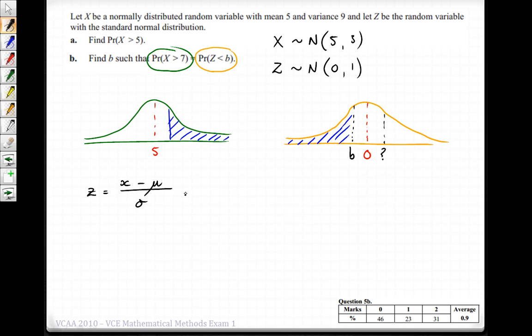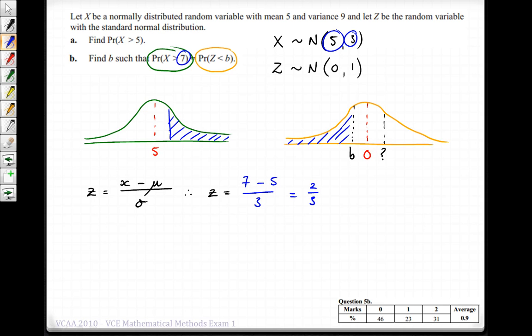So Z equals, the X value is 7, minus the mean, which is 5, which comes from the mean of our X random variable, divided by the standard deviation of 3, which again comes from the X random variable.